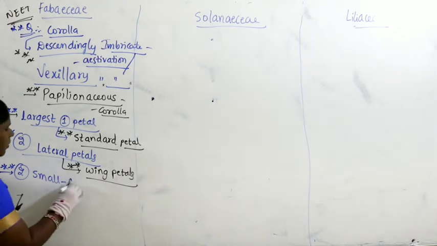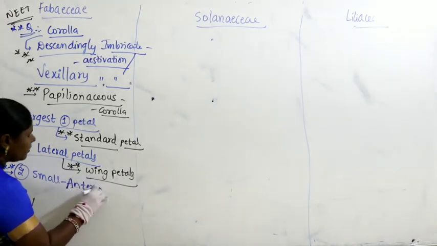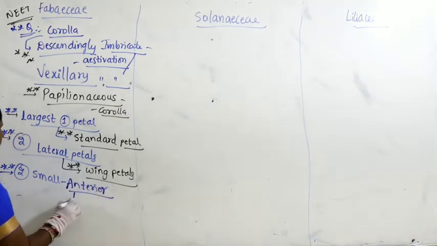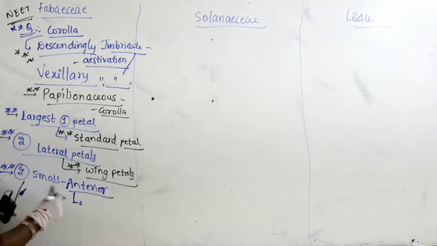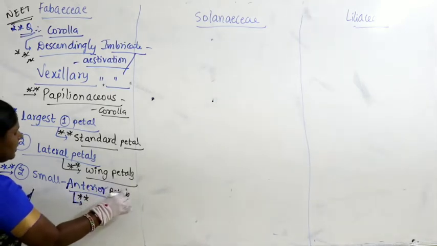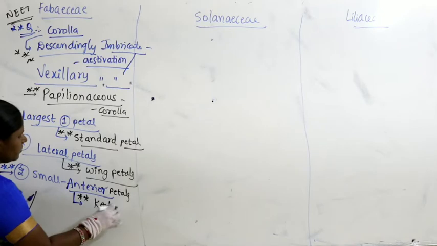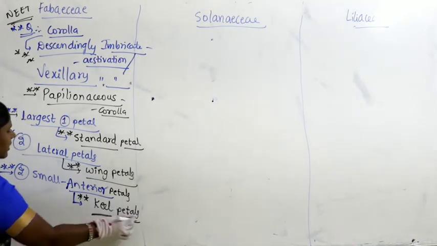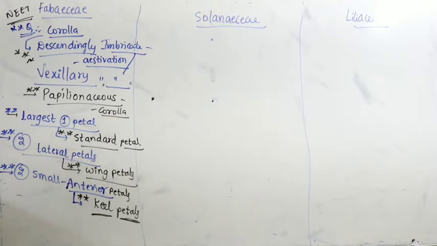So two small, anterior in position, are called as what? The two anterior petals are called as keel petals. Okay, so the largest one petal is called standard petal.